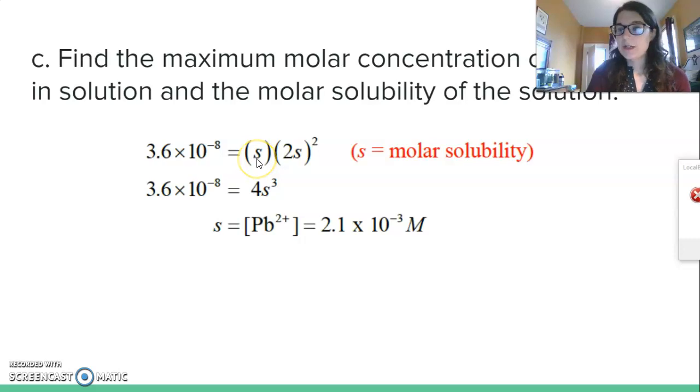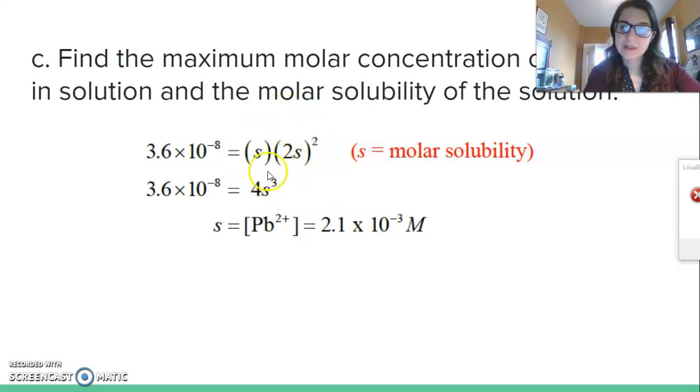The concentration of Pb2+ ions is going to be equal to the molar solubility because it's a 1-to-1 ratio between formula units and Pb ions. And then the concentration of F- ions is going to be twice that because we get 2 F- ions for every 1 formula unit of lead 2 fluoride. So it's going to be (2S) squared.